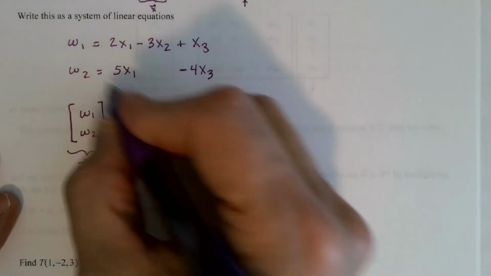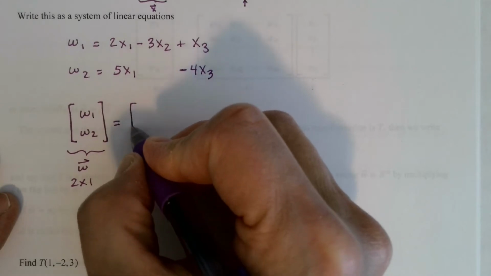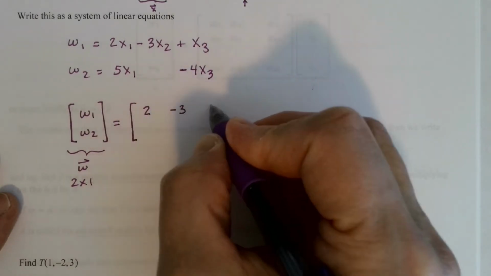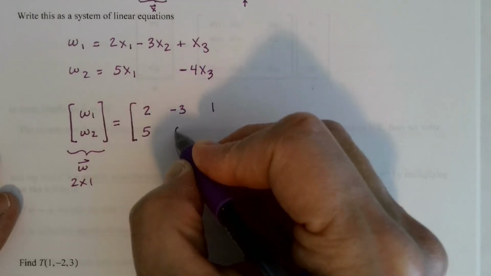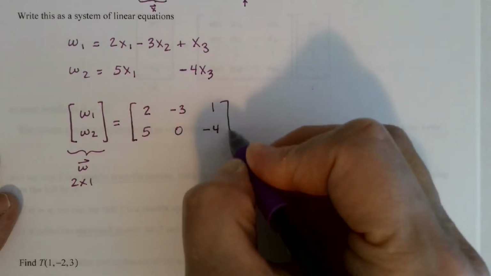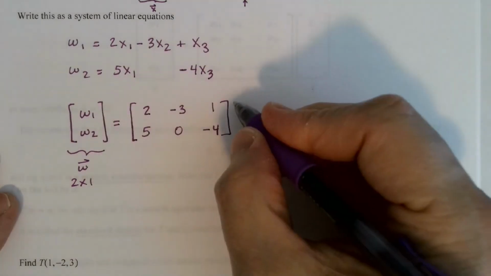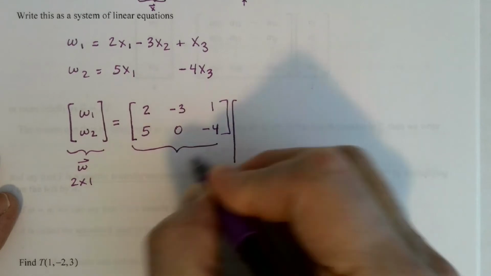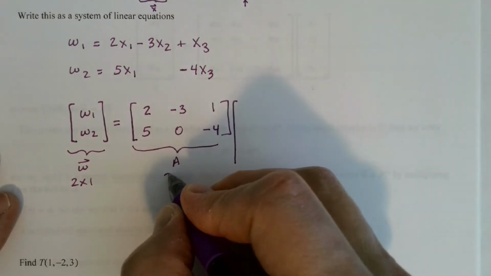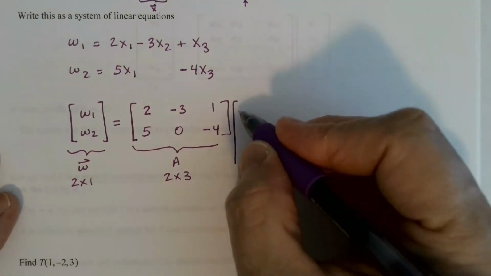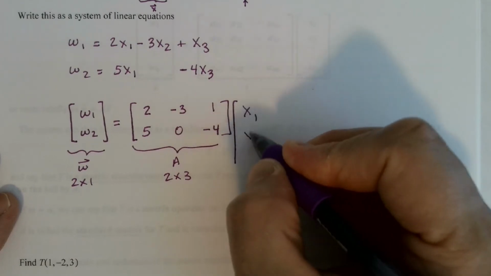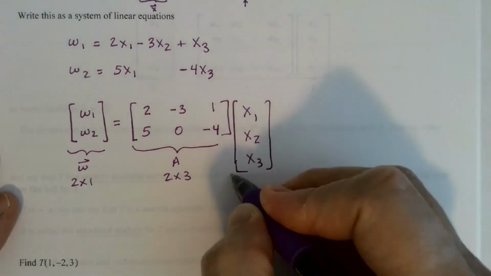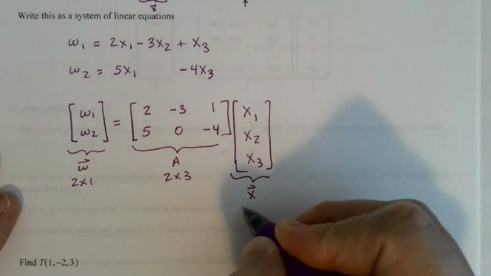And then I'm going to write this side as a matrix product. The coefficient matrix is this. So everyone see where I'm getting these coefficients from? Right, directly from this. And times what? We'll call this A. And this is, of course, 2 by 3. And what are we going to multiply? The 3 by 1 vector, x1, x2, x3. That's the vector x, again, which is 3 by 1.